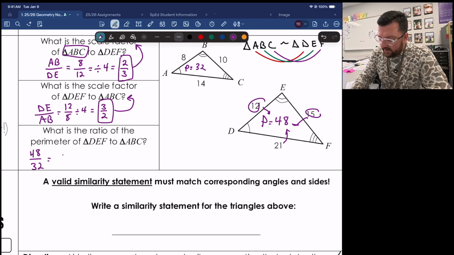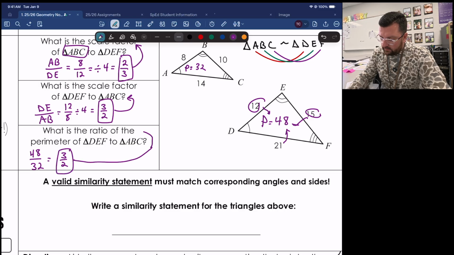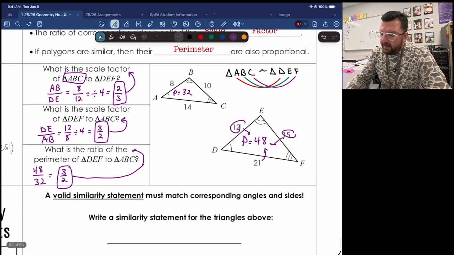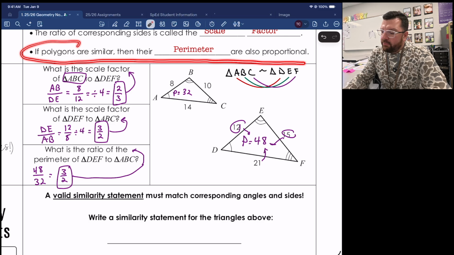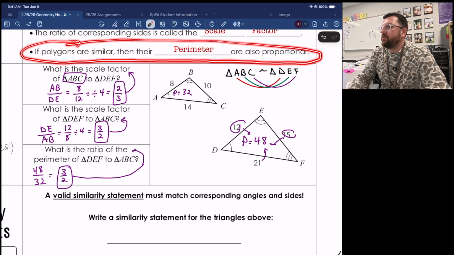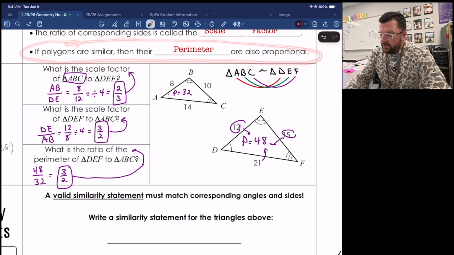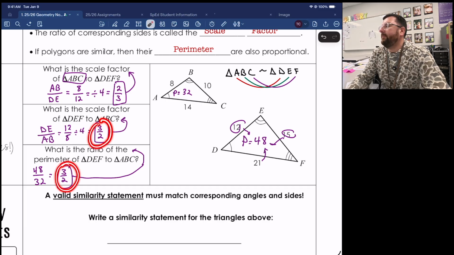And it's going to simplify down to 3 over 2 as well. And I know this is accurate because my notes told me if polygons are similar, then their perimeters are proportional as well. Do you notice that 3 over 2 is the same thing as 3 over 2 there? Okay, sweet.